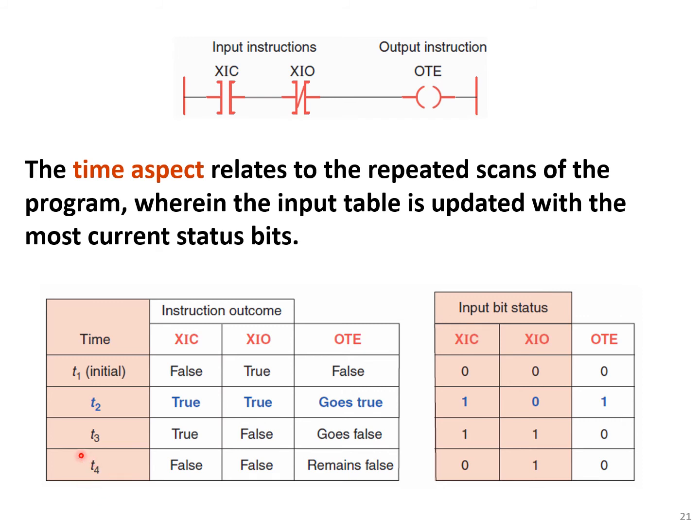On the fourth scan, the XIC goes false, XIO stays false, and OTE remains false. And this is the input bit status, the digital representation of false and true, 0s and 1s, and the same for the OTE.